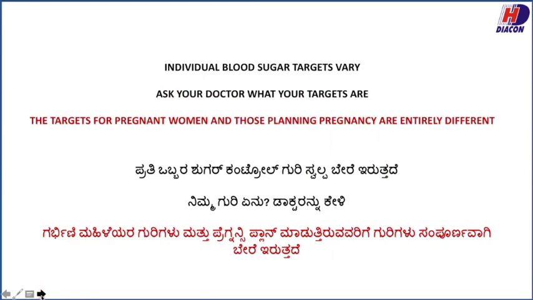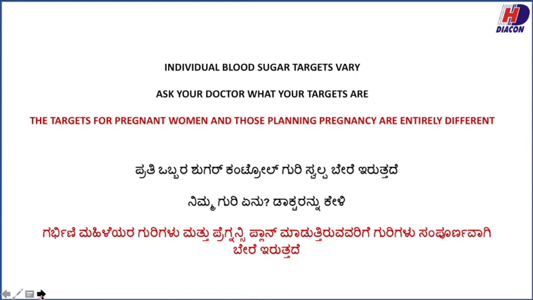Individual blood sugar targets, they also vary. Now, I've mentioned here that we want the fasting value to be under 120 and post-meal to be under 180, but this can be slightly different for different individuals. For youngsters, we may even say we want the fasting under 100, post-meal under 140. For someone older with a few complications, we may say we want the fasting up to 130 or 140 and post-meal even up to 200 or 210.